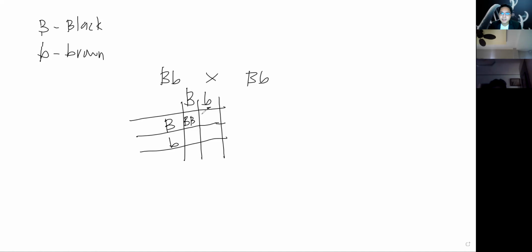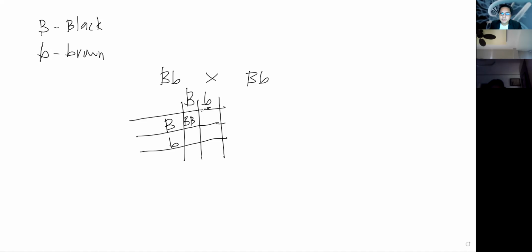There's no such thing as bB. Why? Because the dominant allele should start first. Remember, it's dominant. Dominante in Spanish. Dominante meaning it's dominant. It exceeds the other one.